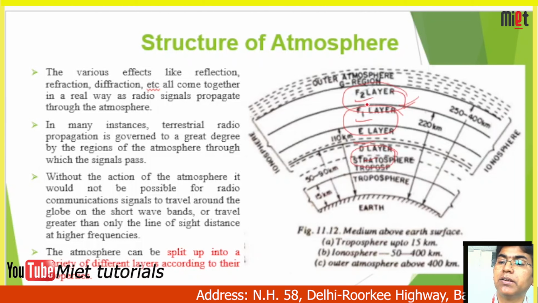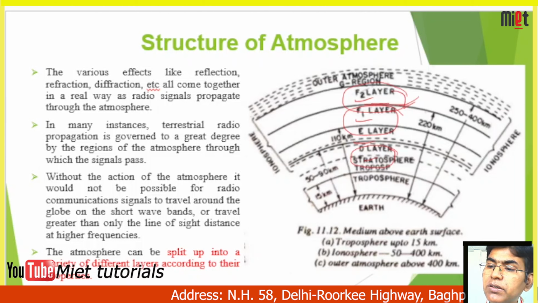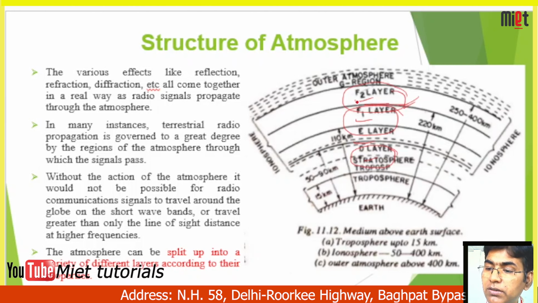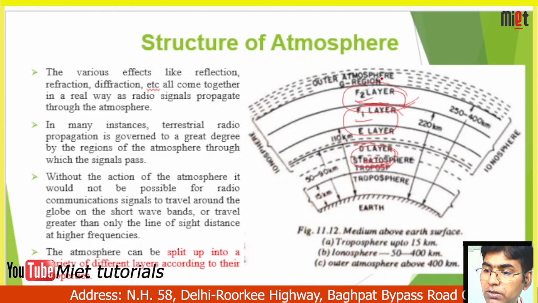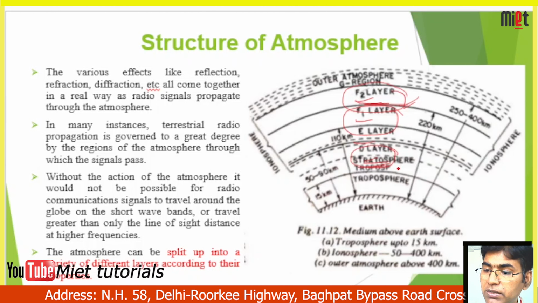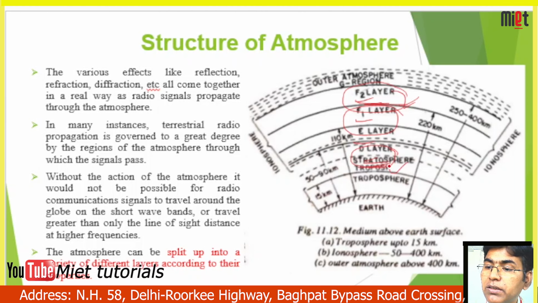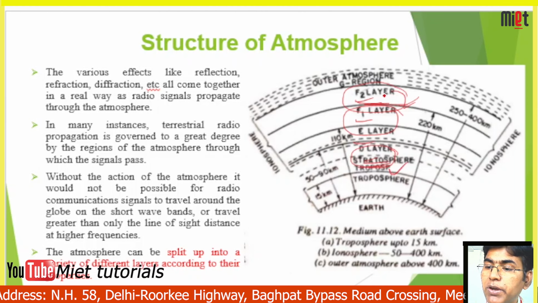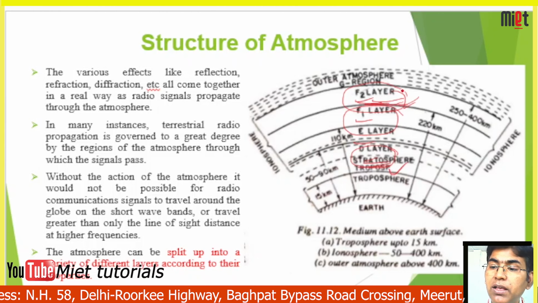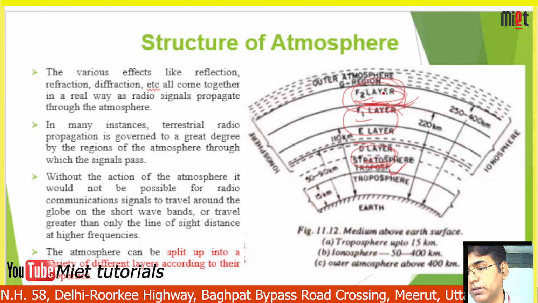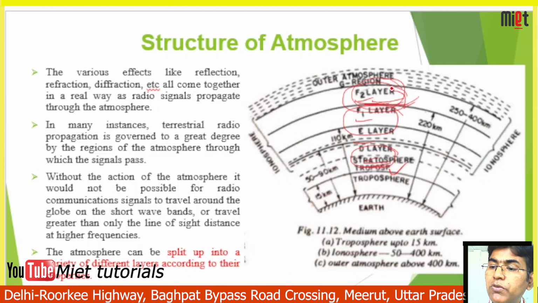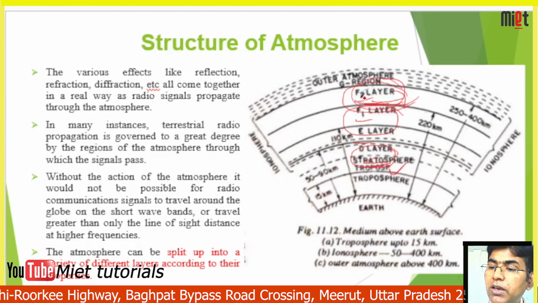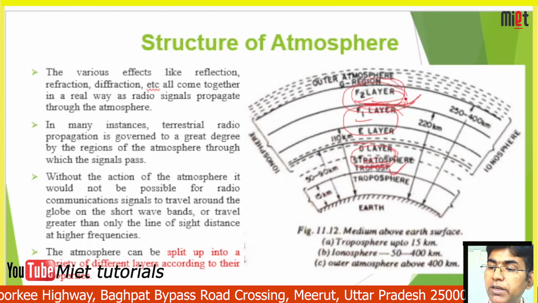The reason behind this is that sunlight falls with high intensity in the upper layer and lower intensity in the lower layer. The intensity of sunlight becomes weak near the earth, and it is very high in the upper layer. So in the upper layer, the chance of ionization is very high because of the high intensity of rays coming from the sun, and therefore electron density will be high in the F layer and low in the D layer.